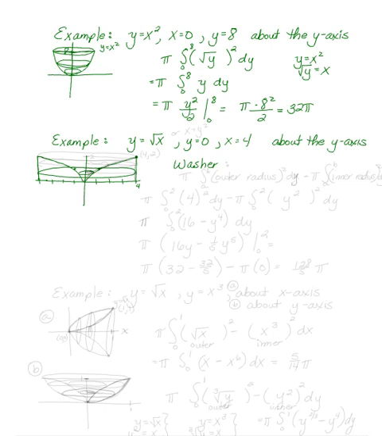If we want to find the volume of a washer, what we really need is the volume of that outer disc that has this radius right here, and then we're going to subtract off the volume of the smaller disc whose radius is just in this little middle section. So we've got two radii in this case: the radius of the big disc and the radius of the hole in the center of this washer.